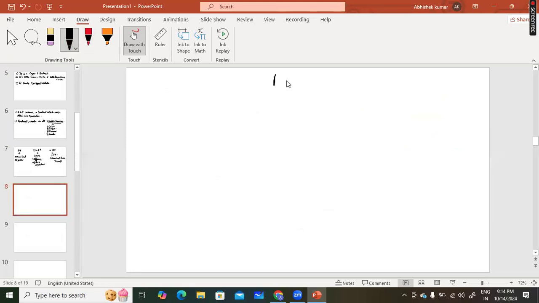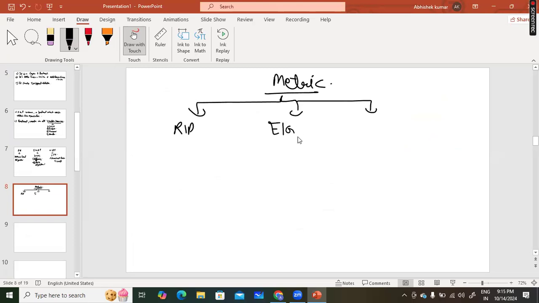So tell me how we measure the metric in the case of RIP, EIGRP, and OSPF. In RIP we use hop count. What about EIGRP and OSPF?